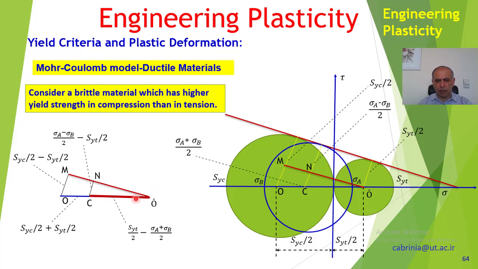Okay, I mean O prime C. The value of O prime C is SYT over 2 plus this value, because sigma A plus B over 2 is a negative value, so we write it like this.